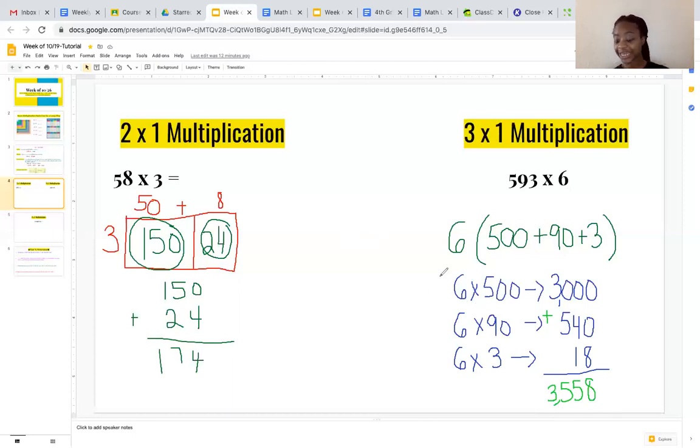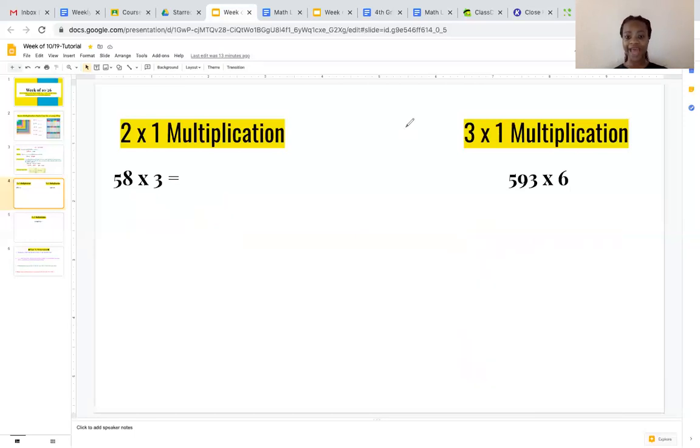I'm just double checking to make sure that I didn't make any mistakes, because again, it's quite easy sometimes. So yes, always line the numbers up correctly. Everything is looking good.